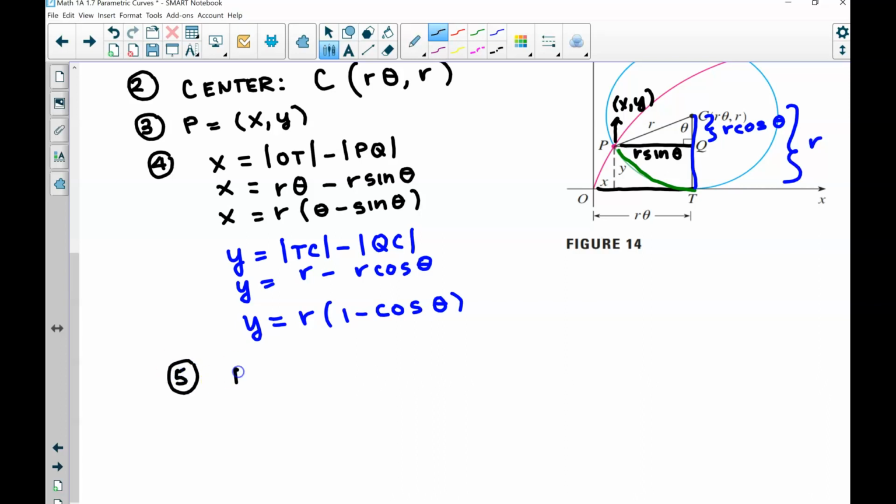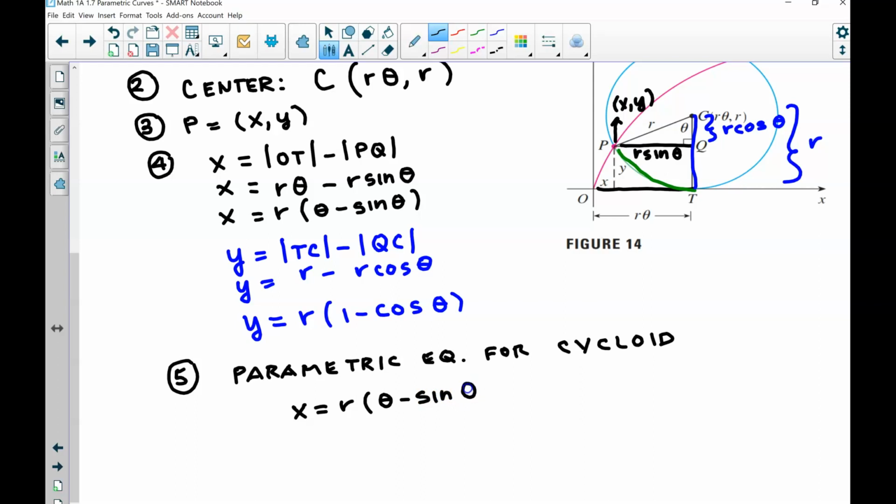The parametric equations for a cycloid are the following: x equals r times theta minus the sine of theta, and y equals r times 1 minus the cosine of theta, where theta is any real number.